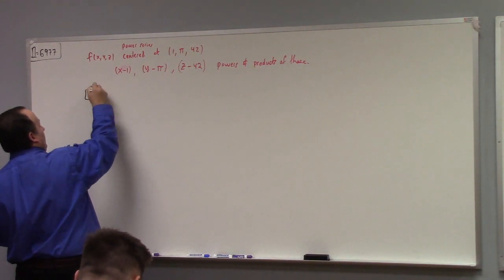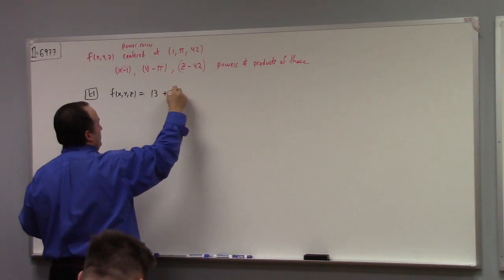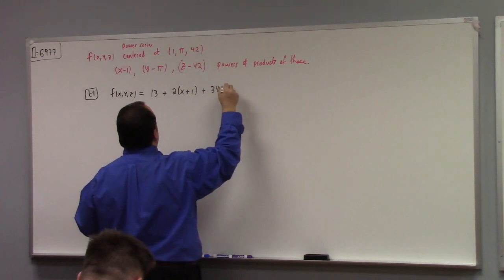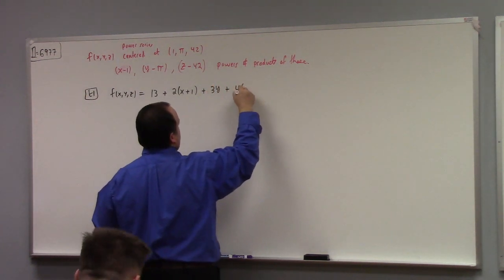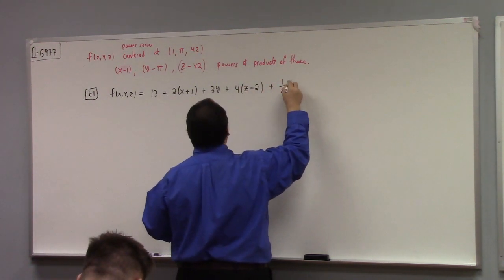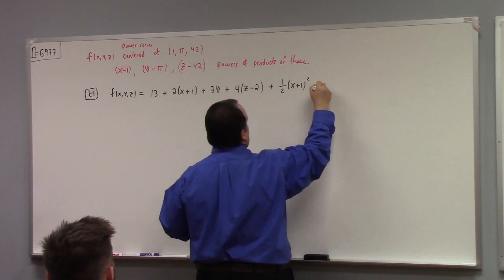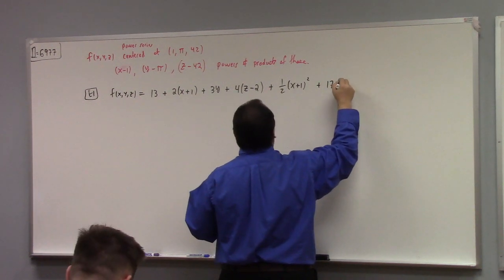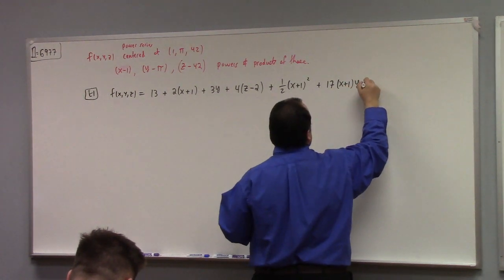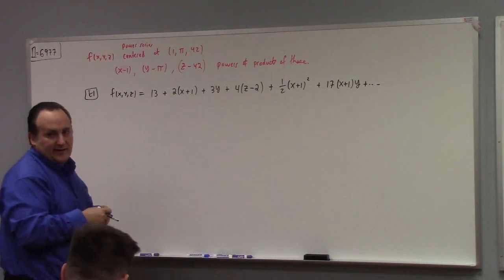So if I had f of x, y, z equals 13 plus 2 times (x plus 1) plus 3 times y plus 4 times (z minus 2) plus 1/2 times (x plus 1) squared plus 17 times (x plus 1) times y, and then plus dot dot dot, and it's understood that this is to order 2, then I can read all kinds of information from this.